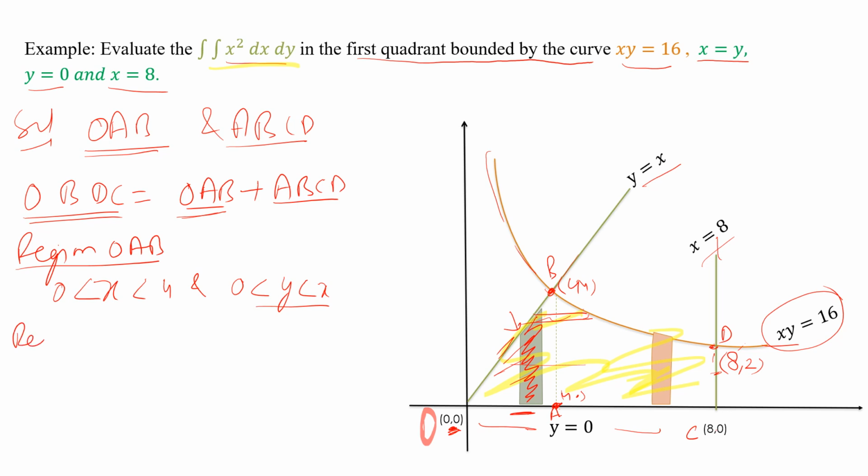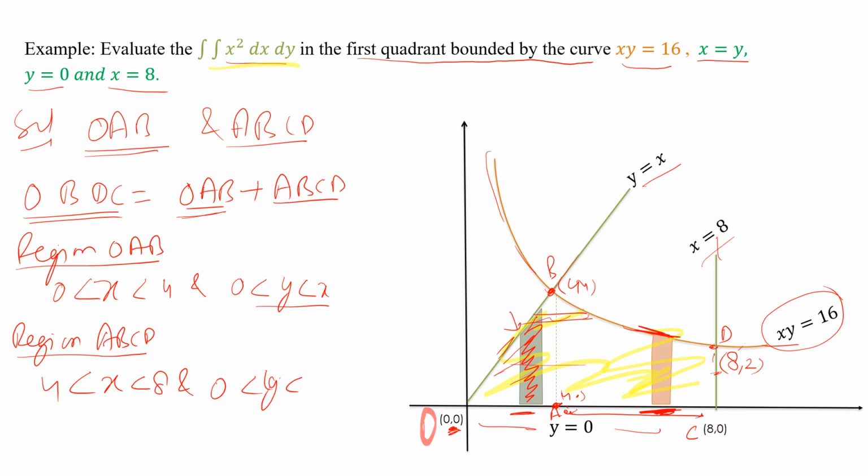When you take the region ABCD, x varies from that point to that point, that is 4 to 8, and y varies from 0 up to that curve.